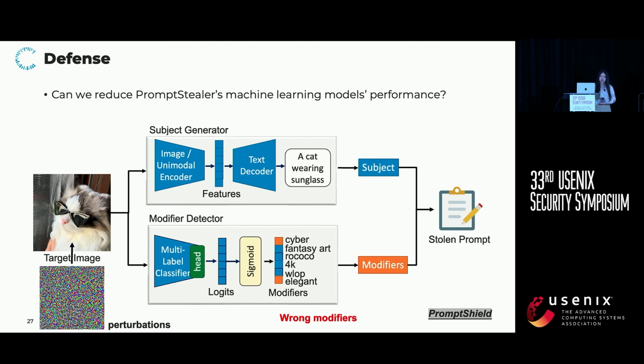Our goal is that if we add these perturbations, then we hope that the model predicts some wrong modifiers. Especially we want that it cannot predict the artist names, the artist modifiers, because we find that artist modifiers usually play the most important role in the stolen images. And also we want to protect the copyright of the artists. So we call this method PromptShield.